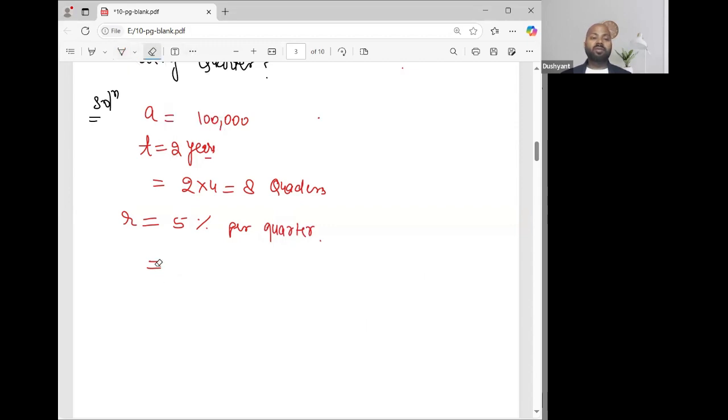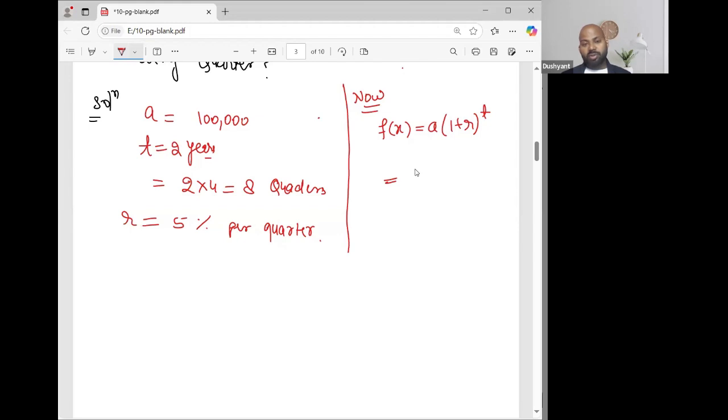Now let's find the final amount after 2 years. So we know that f(x) equals a times 1 plus r to the power of t. So use $100,000, 1 plus my 5%, which is 5 over 100, which is 0.05.